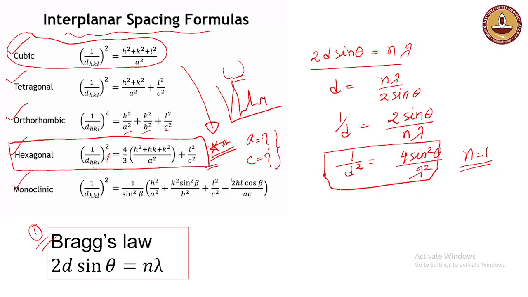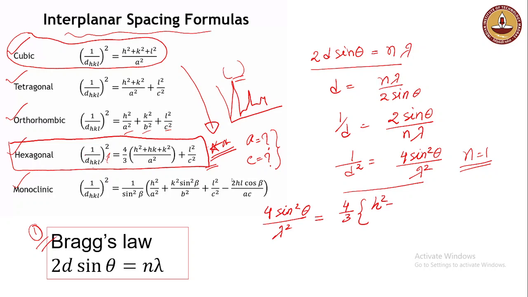So we have the value of 1 by d square from here, and similarly we have the 1 by d square value from the hexagonal equation. What we can do is equate these two. 4 sine square theta by lambda square equals 4/3 times (h square plus hk plus k square) by a square plus l square by c square.